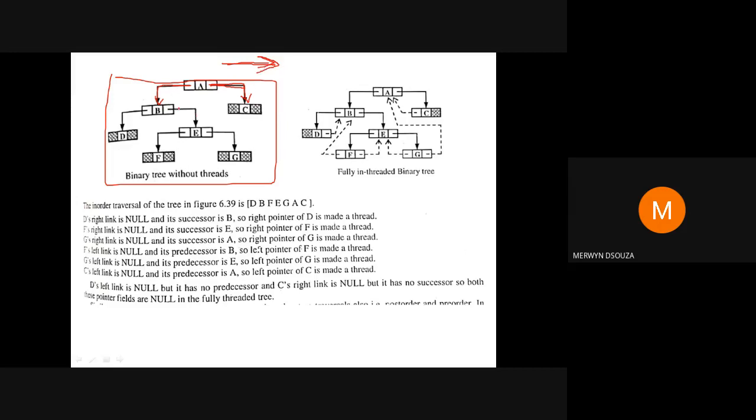You can see here, this is the right child of B, this is the left child of B. So your first step in converting a linked list representation of a binary tree to a threaded tree is to draw this as it is. Draw this entire tree as it is.